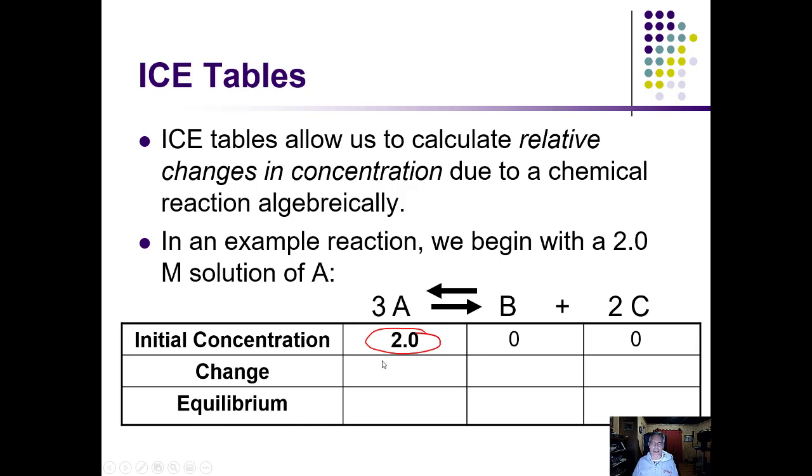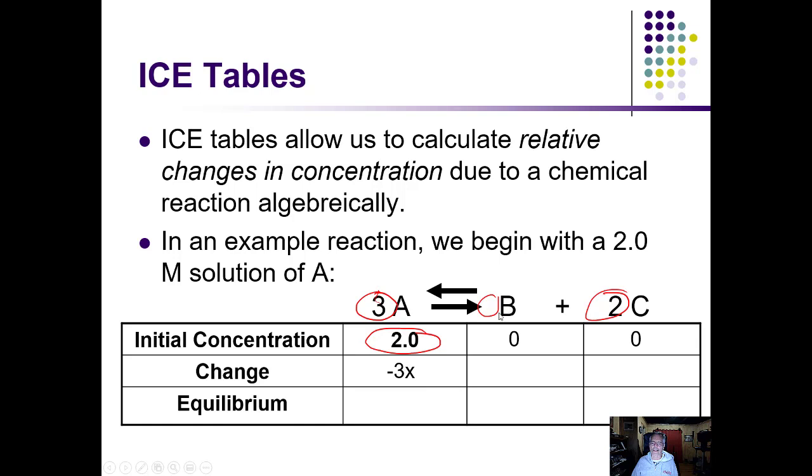Now, the change is going to correspond to whatever the coefficients are in the reaction. And the variable that we use for that change that we're going to solve for, you might guess in algebra, the most famous variable of all is X. And so the disappearance of reactant A is going to be minus 3X, 3 from the coefficient, X for the unknown change that's going to occur.